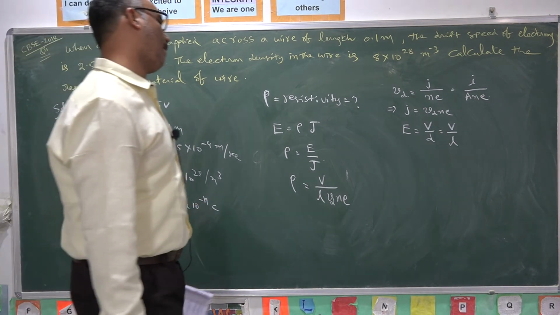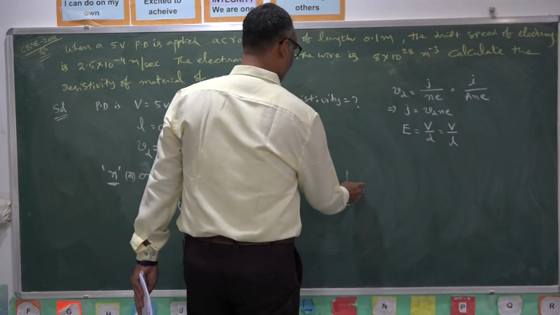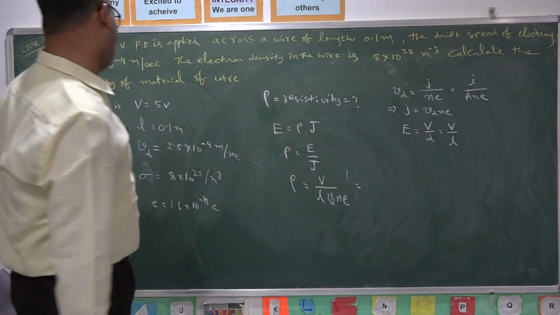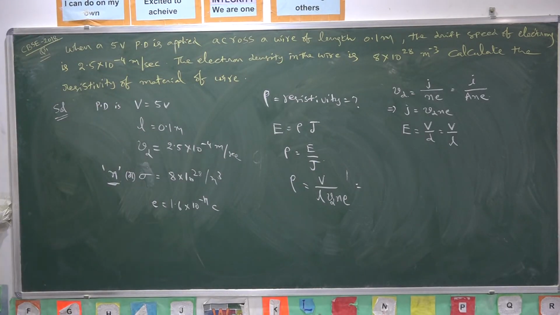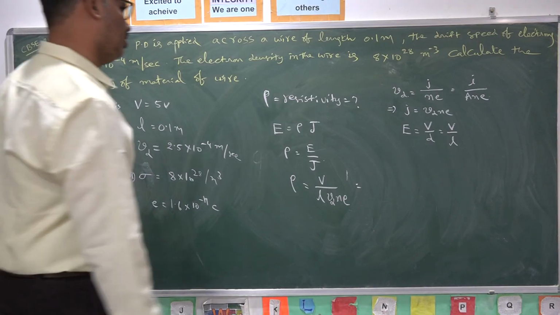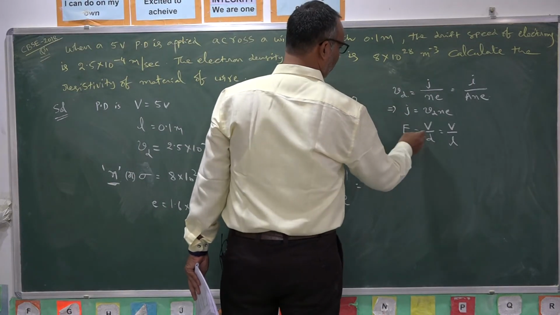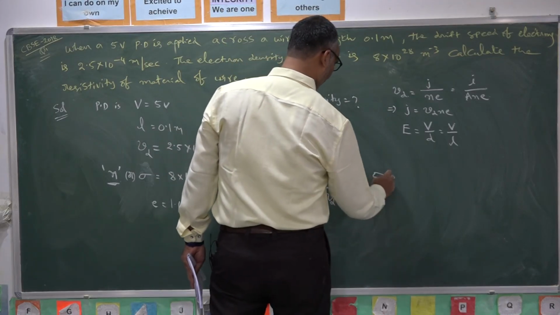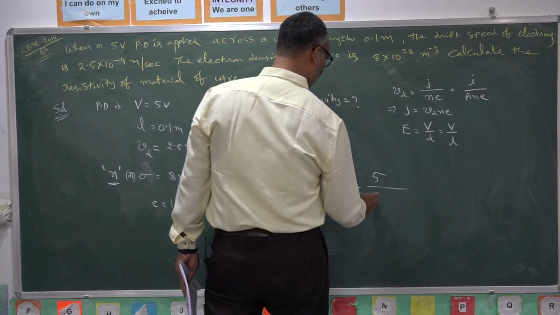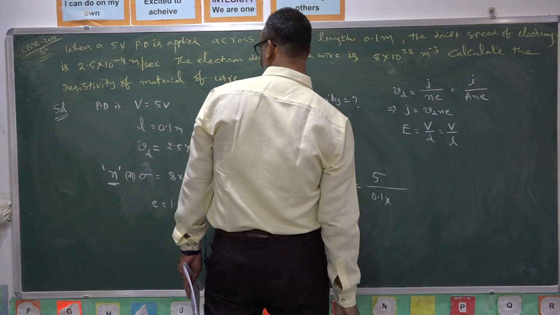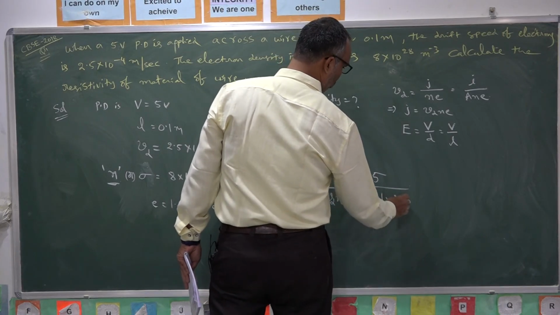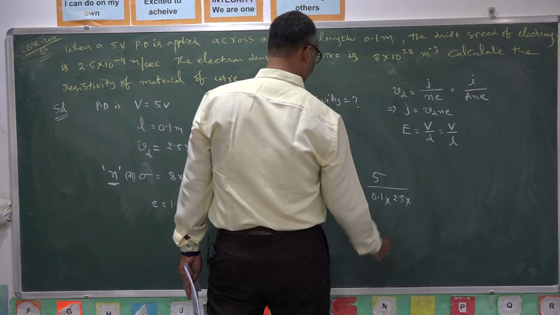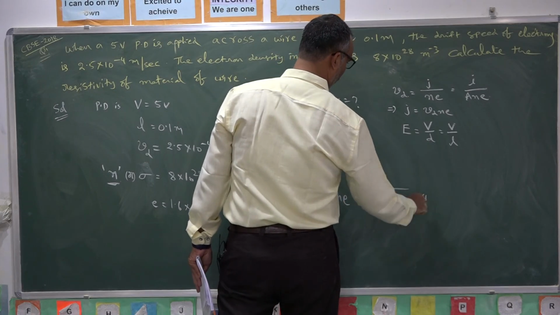Now the V value, potential, they gave as 5. Length of the conductor 0.1. Drift speed Vd is 2.5 into 10 power minus 4.